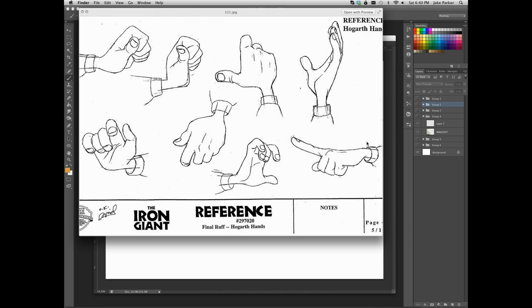Look at how none of the fingers are ever pointing in the same direction. They're all kind of going off in different ways. Also look at the size variance here and how appealing this is. The wrist is actually just as thick as the thumb. And it gives it a nice appealing shape.